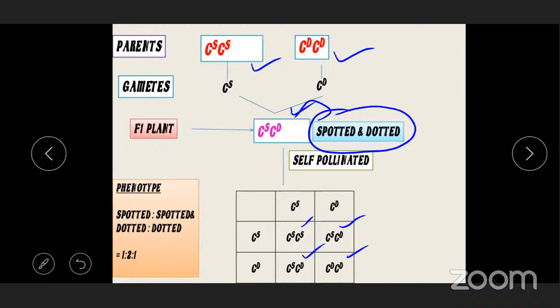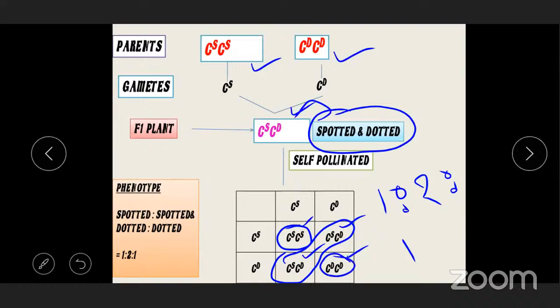First, how many CSCS are there? Only 1, which means homozygous spotted. How many CSCD are there? 2. How many CDCD are there? 1.